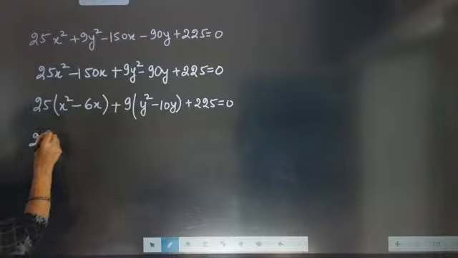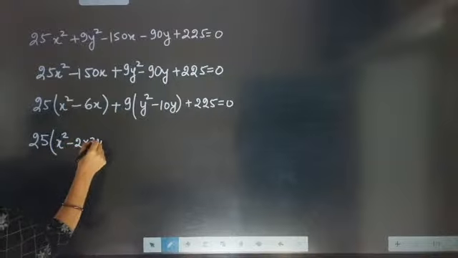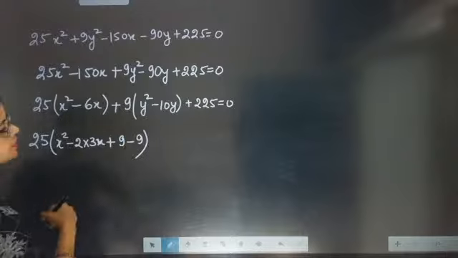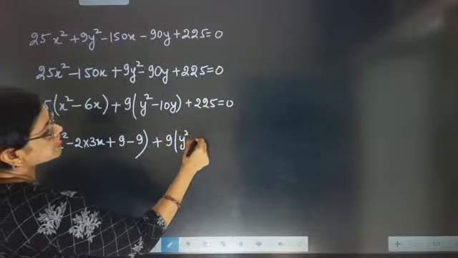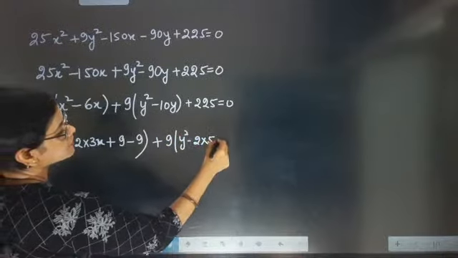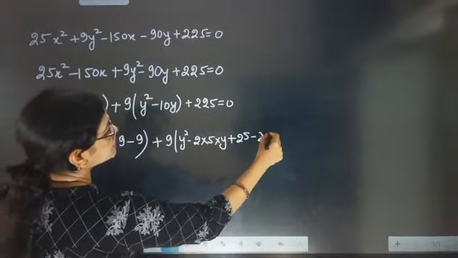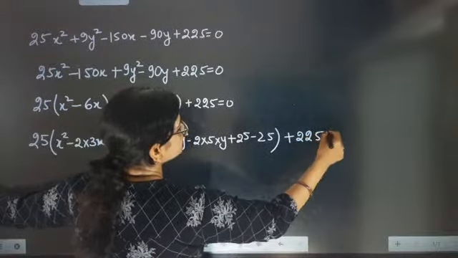So now beta, 25 is coming, x square minus 2 into 3x. So I will add 9, I will subtract 9. Now here 9 is there, so y square minus 2 into 5 into y. So add 25, subtract 25. And plus 225 is there, equal to 0.